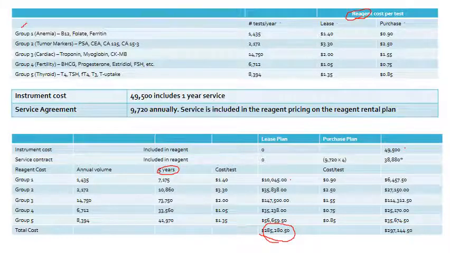These are things that with the lease plan you don't have to pay. So include those plus the cost of your reagents times the 5 years, and you can see that you actually do save some money in most cases by going with the lease plan. And that's why many more institutions are going with the lease plan for this instrumentation for the 5 years.